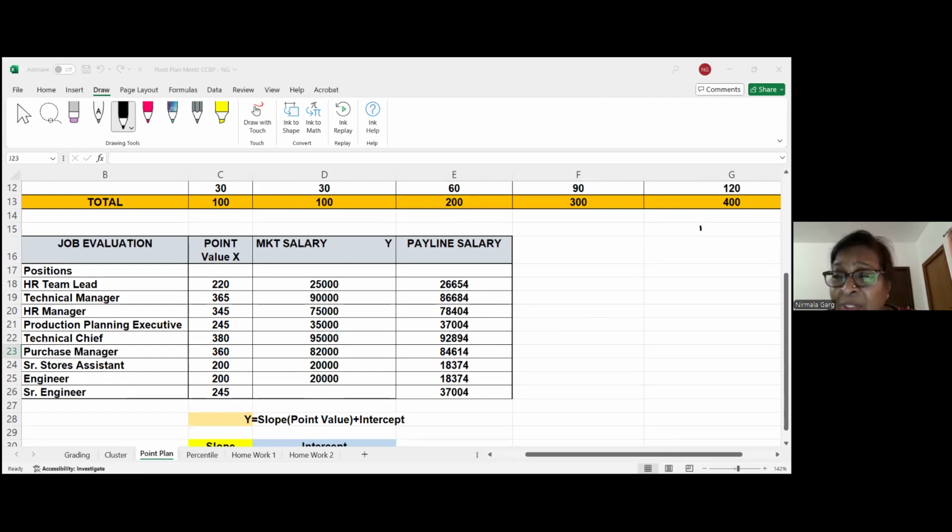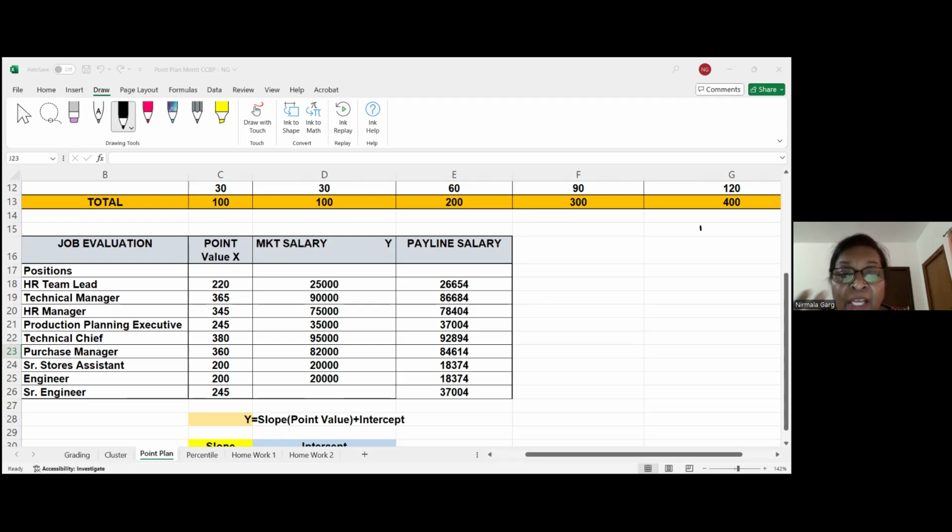Regression is a statistical technique used especially in the point plan method when you have to predict what salary I need to pay. I used the word predict: regression helps you to predict, and also to arrive at the pay line salary, meaning what you need to pay.